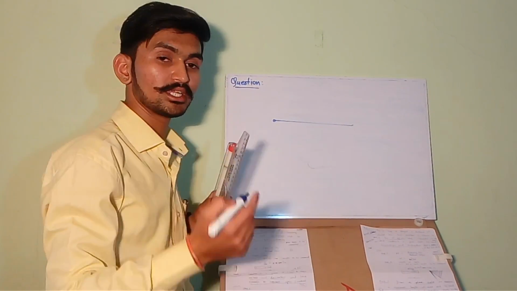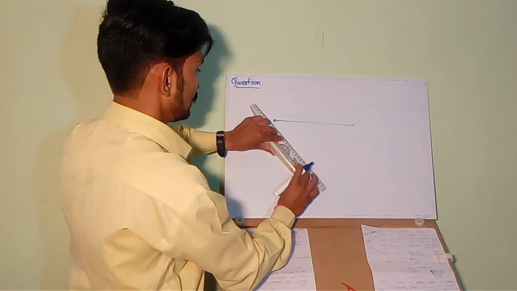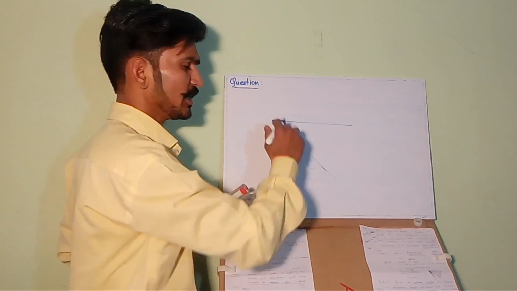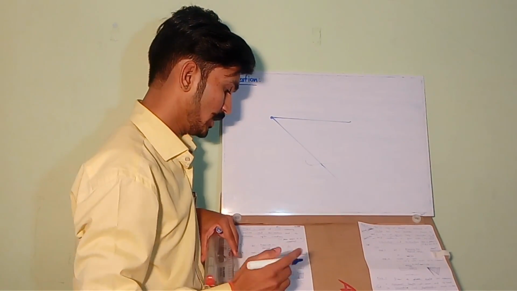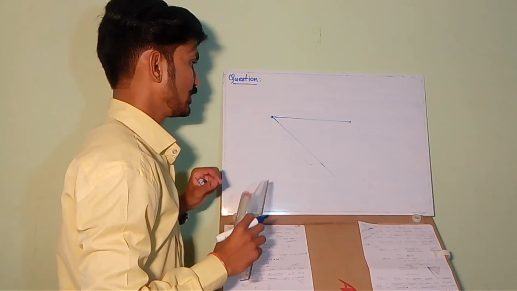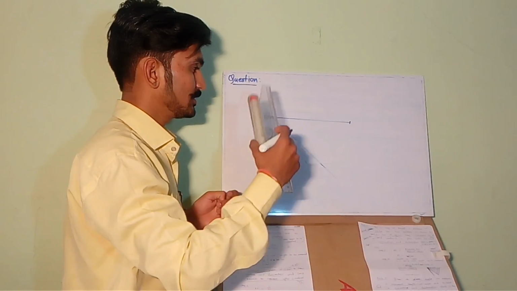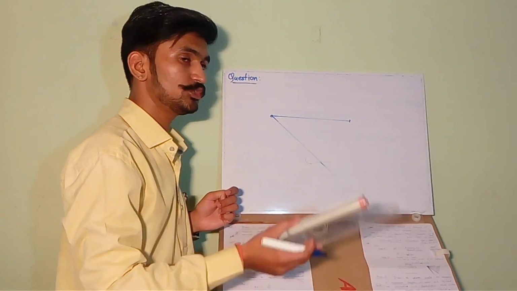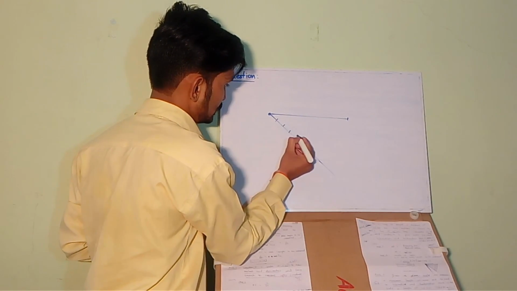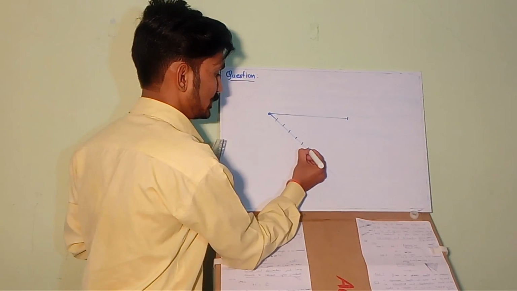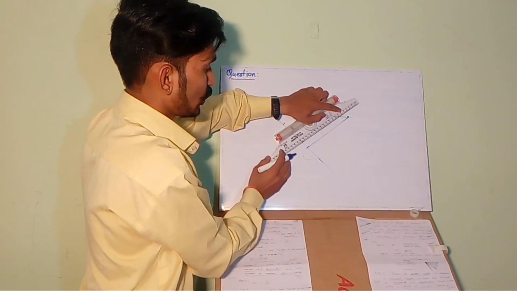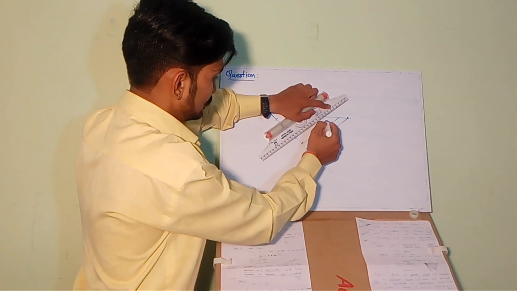Draw another line from the same point at a random angle. Now divide this line into 6 equal parts, because we need to measure up to 6 meters. 1, 2, 3, 4, 5, 6. Join the points, and draw parallel lines from each point.